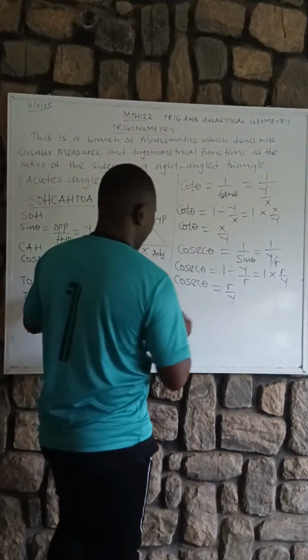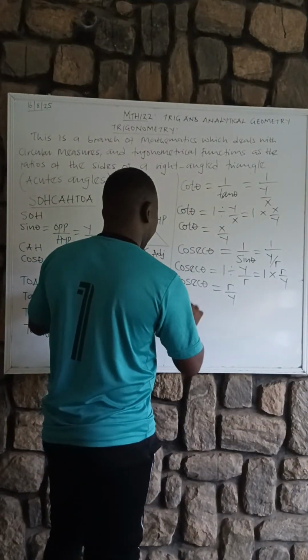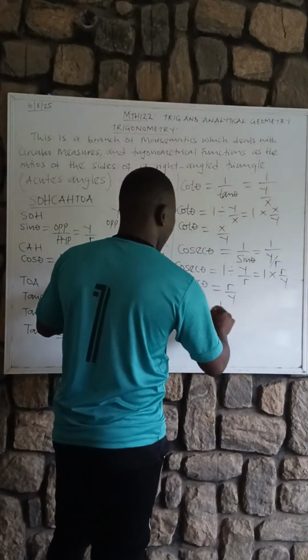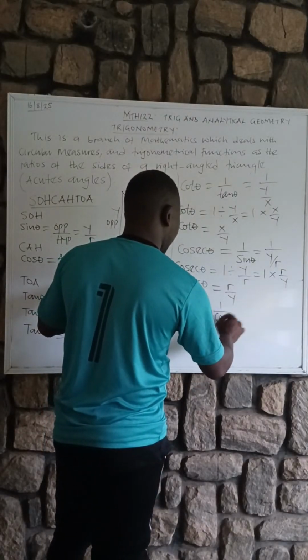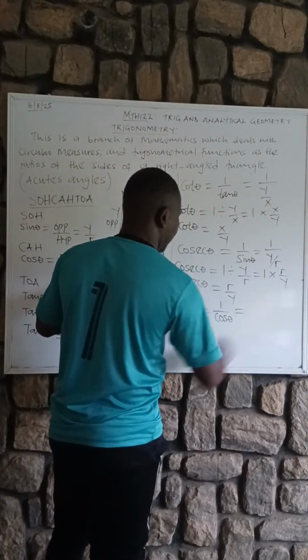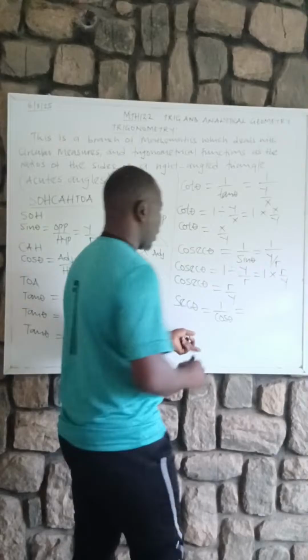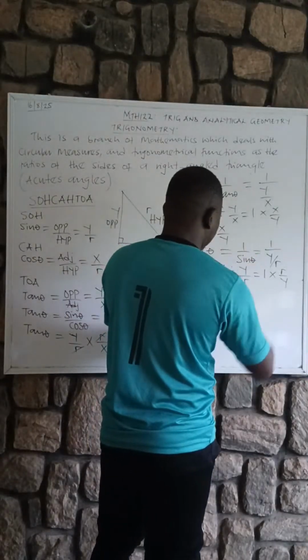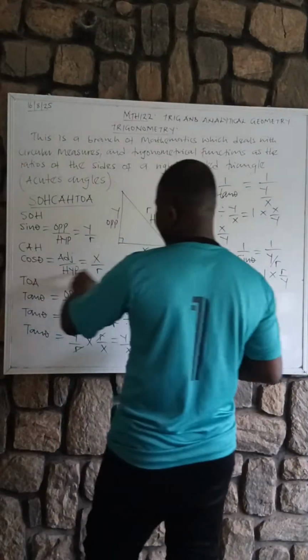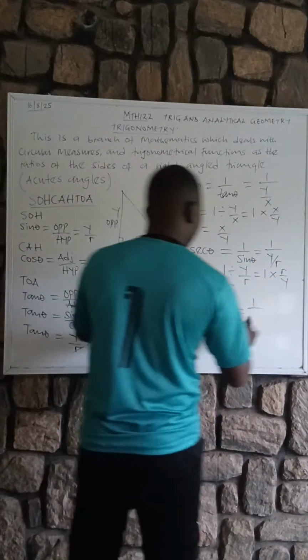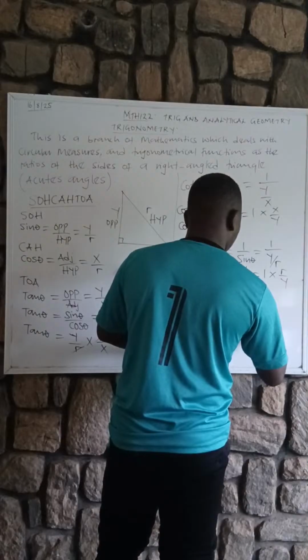Then sec theta. Sec theta is equal to what? 1 all over cos theta. Then what is our cos theta? Our cos theta here is x all over r.